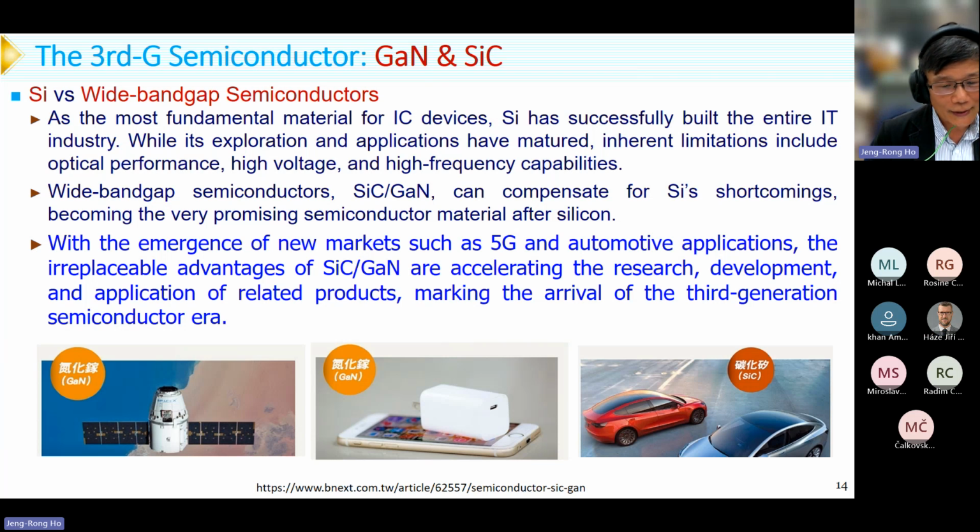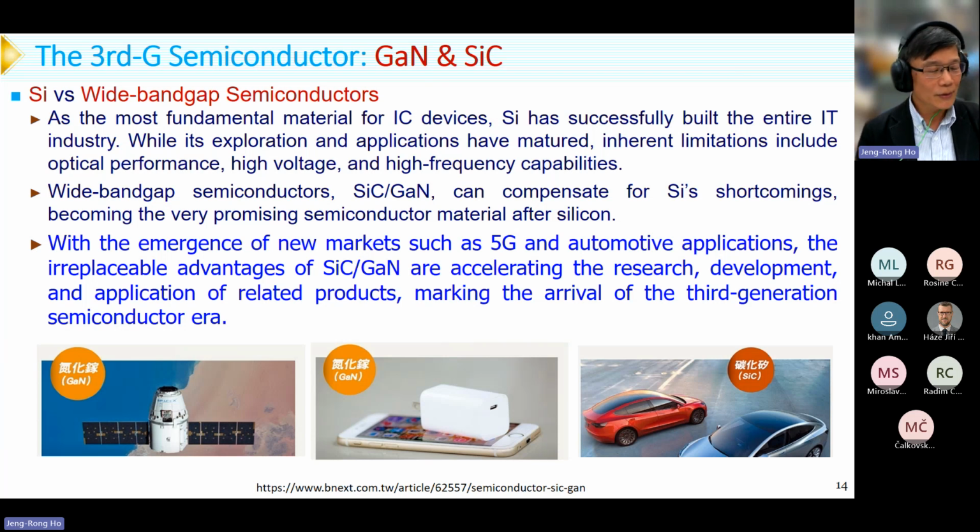So currently we need the so-called third generation semiconductors, or wide bandgap semiconductors, and the majority are silicon carbide and gallium nitride. These two semiconductors can compensate for silicon's shortcomings, so they are very promising materials after silicon.